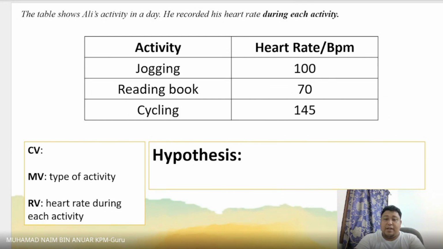Yes, Rehan, the activity. Now, you have done the MV, you have done the RV. I want you to do the hypothesis. Let's see how well you can do this, because this question is a bit different than before. What are the things you can write as MV?